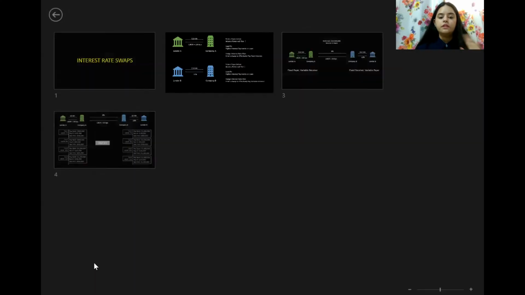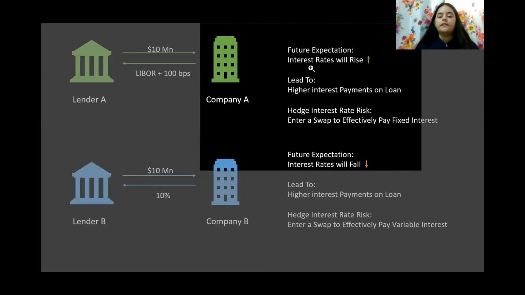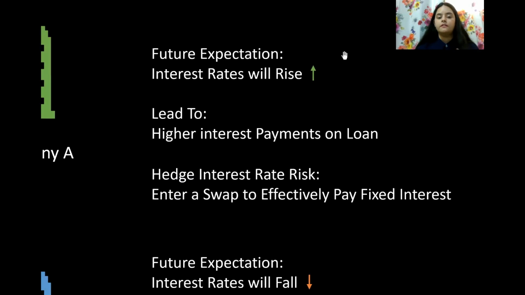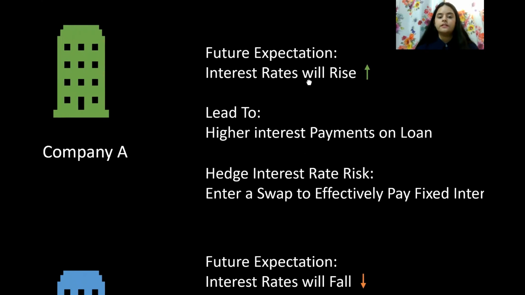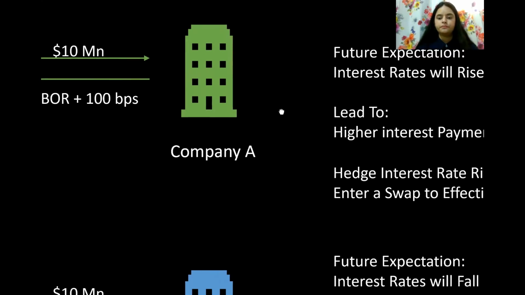So now the future expectation of company A here is that interest rates will rise. When the interest rates rise, the LIBOR also increases, and thus the future payments it owes to the bank increase with it.